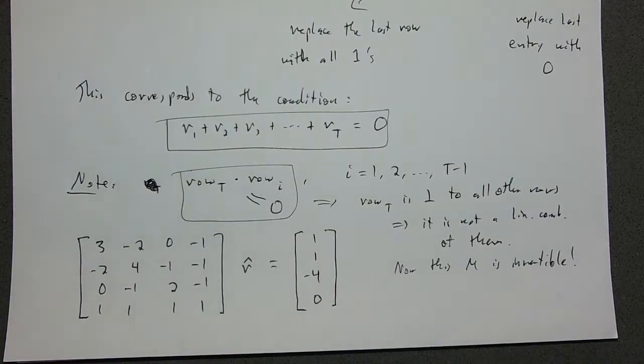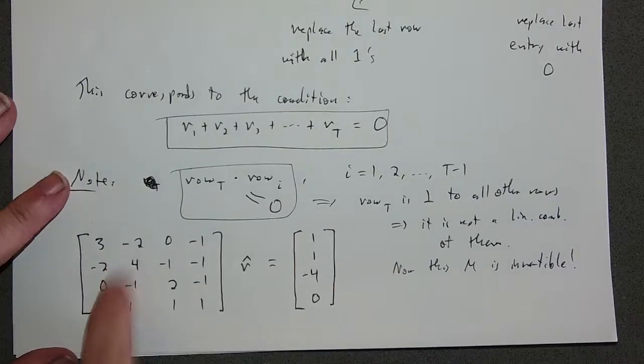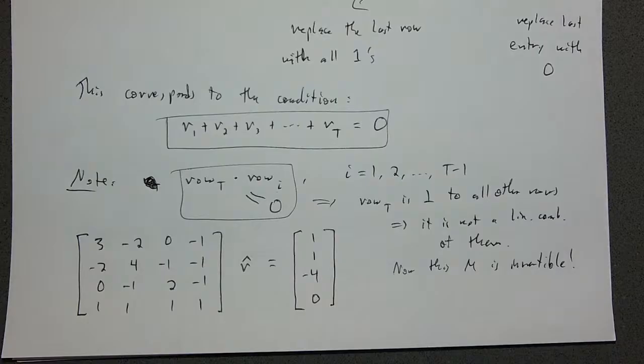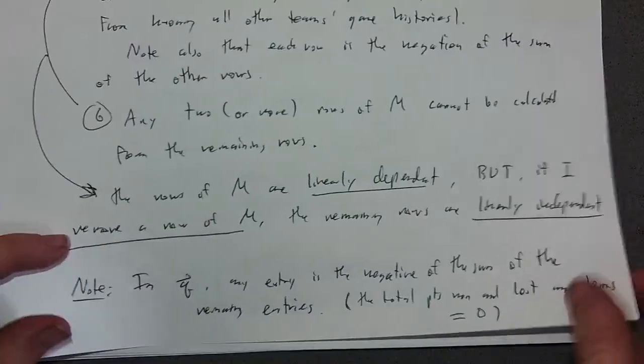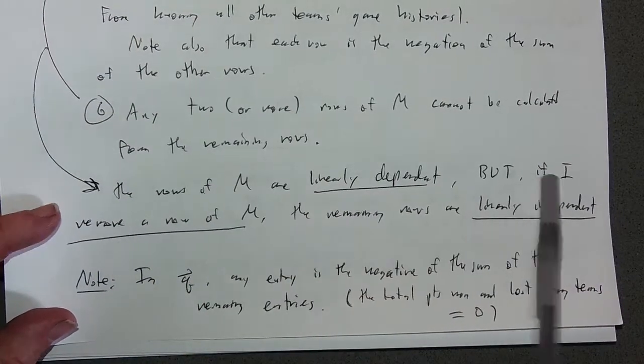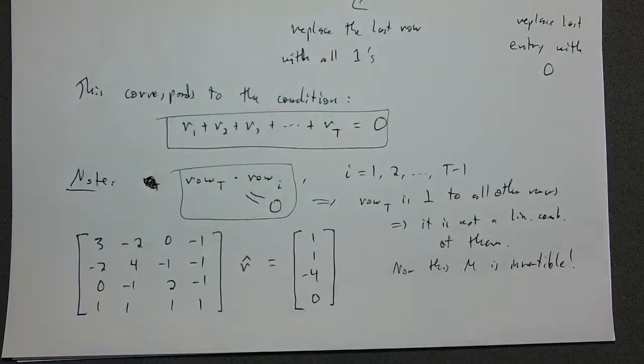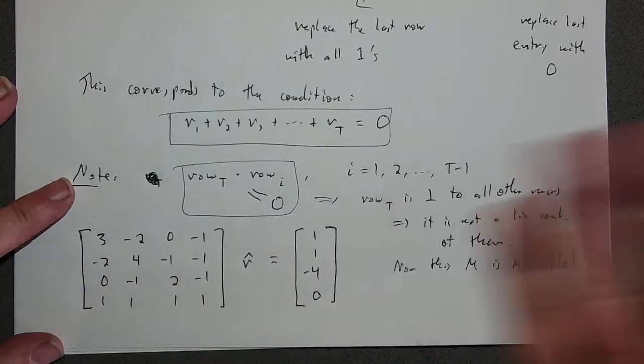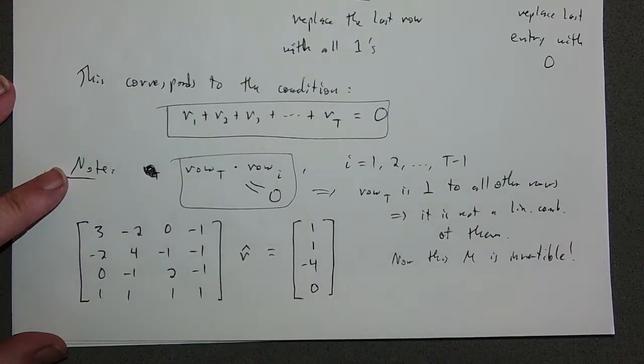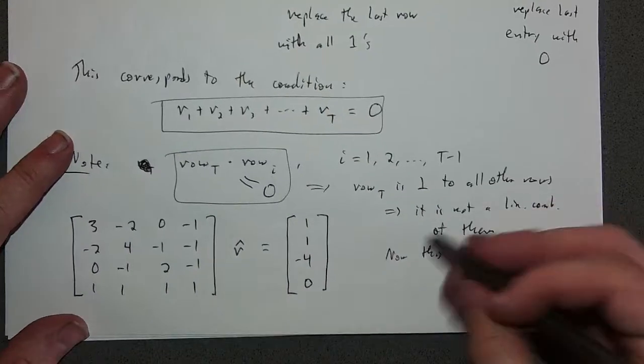So this new matrix is invertible because the remaining rows we already knew were linearly independent if you deleted any row. Remember this fact about M that we mentioned, which said that if you remove a single row of M, the remaining rows will be linearly independent. They are, and the row that you have added is not a linear combination of the others. So automatically, always, if you follow this process, the matrix you get has linearly independent rows, so it is an invertible matrix, and so now we have a unique solution.